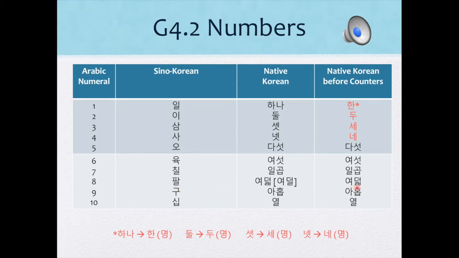You don't really hear the b unless there is another sound following it, where the b sound can be expressed. 구, 아홉, 아홉. 십, 열, 열.